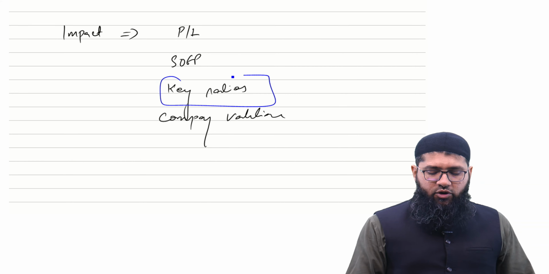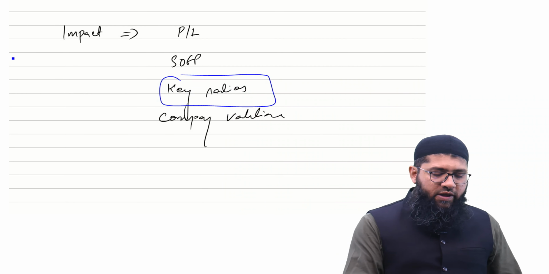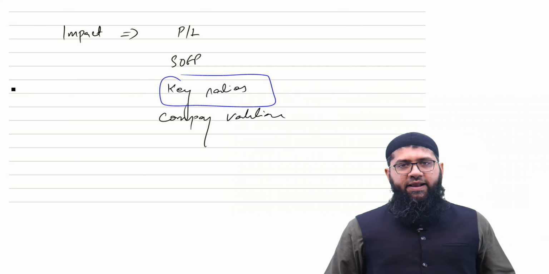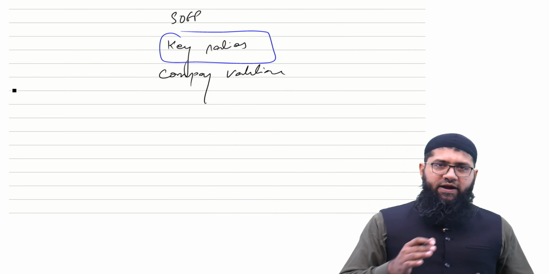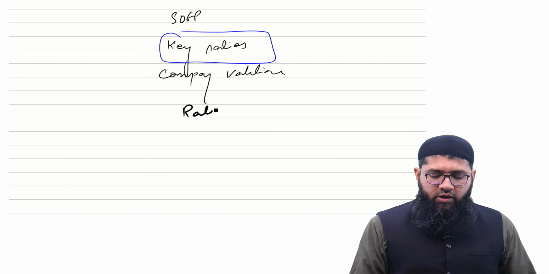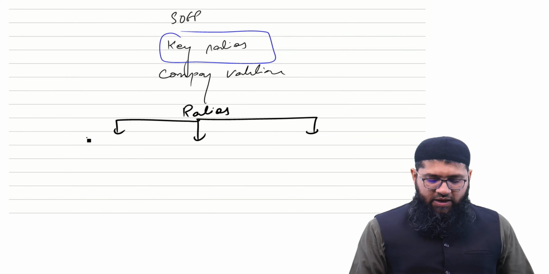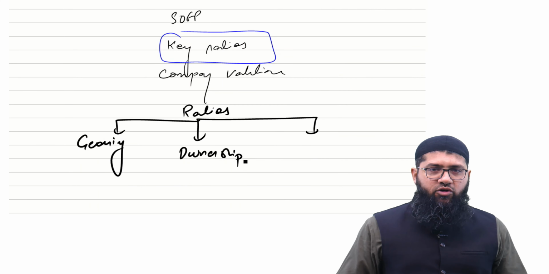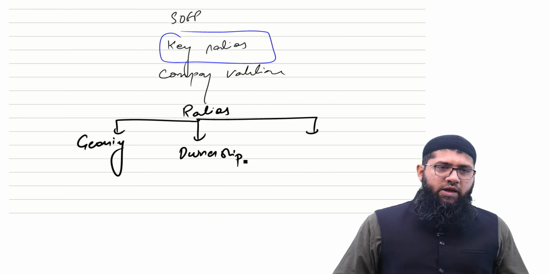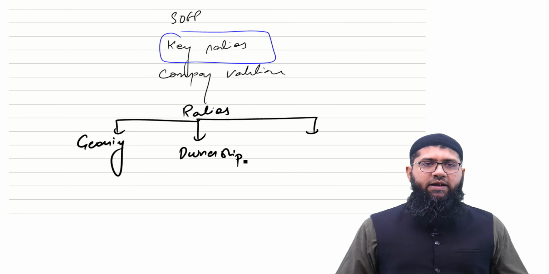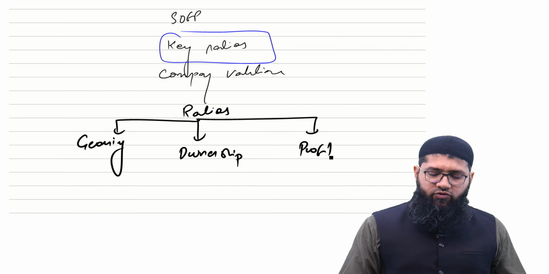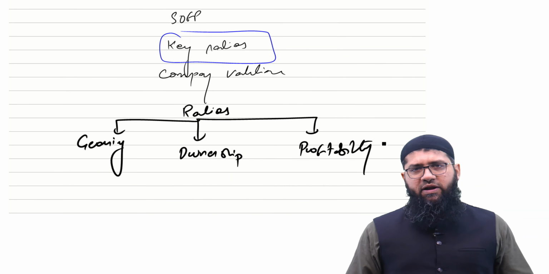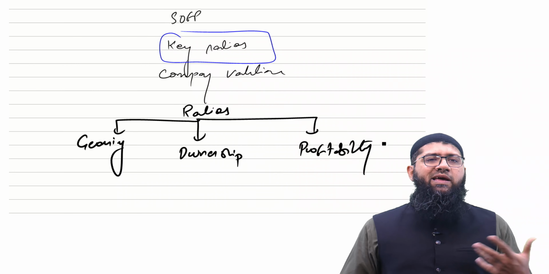So first of all, I would talk about some of the key ratios that you should know as a student when you are dealing with sources of finance. Amongst the different ratios, there are ratios which focus upon the gearing of the entity, and ratios which are about ownership, the shareholders' ratios. You also have profitability ratios, but generally profitability ratios are usually not examined a lot in sources of finance.